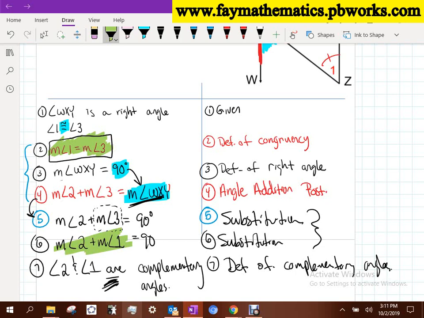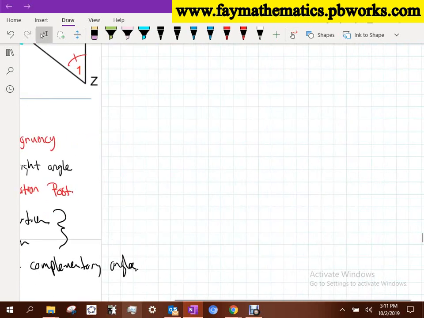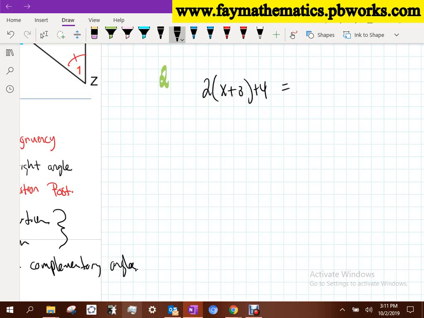So we have to have an understanding of what independence and dependence mean. Dependence means that it relies on something else, right? When you were in algebra, you learned some procedures. Say 2 times x plus 3, plus 4 equals 7. What would most people do in this equation first? Distribute. They're going to go 2x plus 6 plus 4 equals 7, and then 2x plus 10 equals 7, that kind of thing.